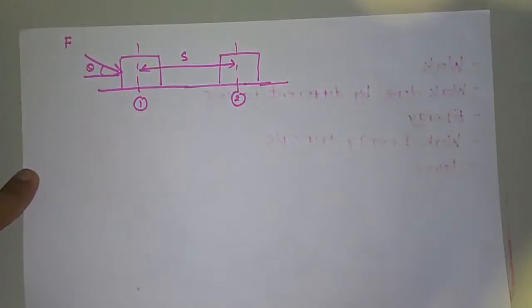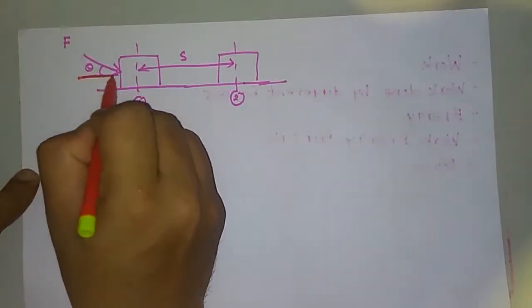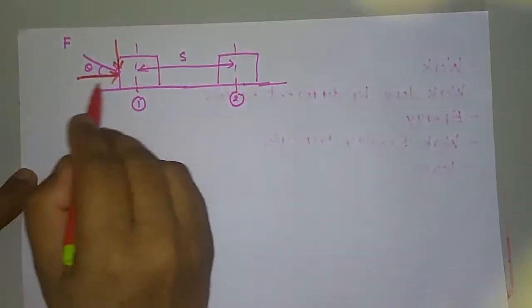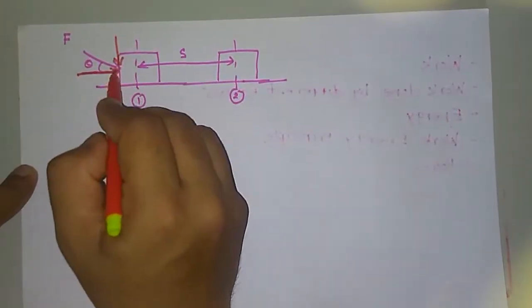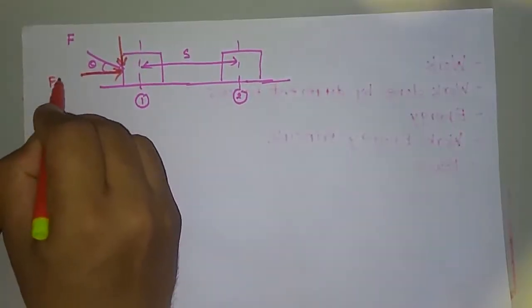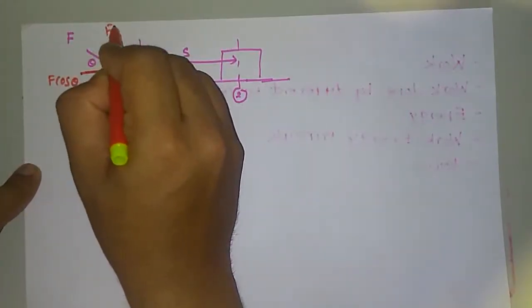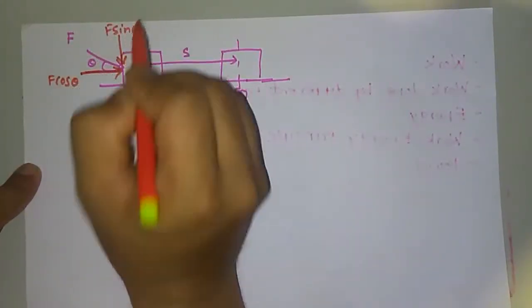To find the work done, we need to resolve this force into two components, that is X component and Y component. So the X component is F cos theta and the Y component is F sin theta.